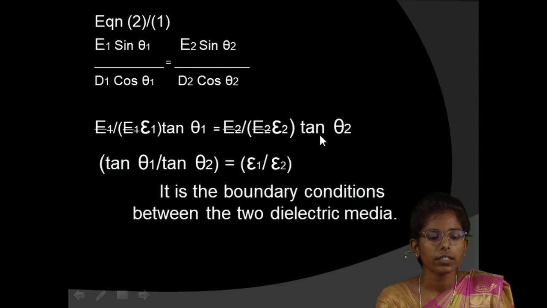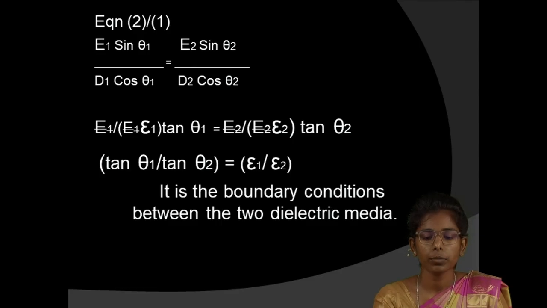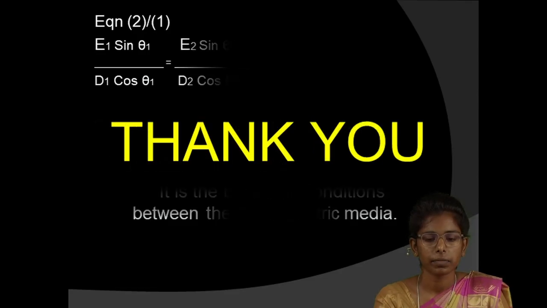On the left-hand side I cancel E1 with E1, and on the right side I cancel E2. Then the equation becomes tan theta 1 divided by tan theta 2 is equal to epsilon 1 divided by epsilon 2. This is the boundary condition between two dielectric media. Thank you.